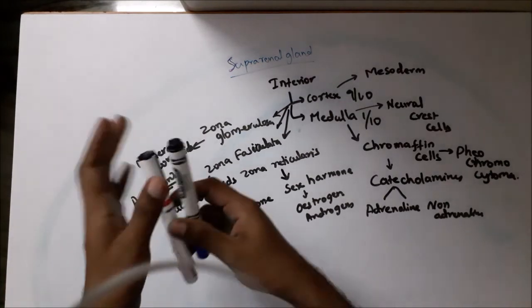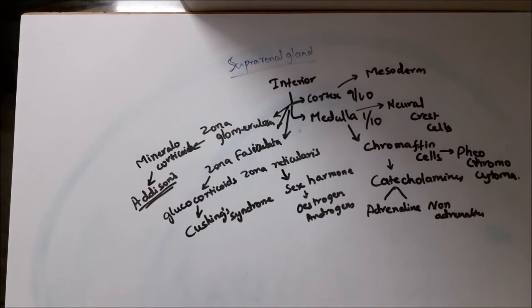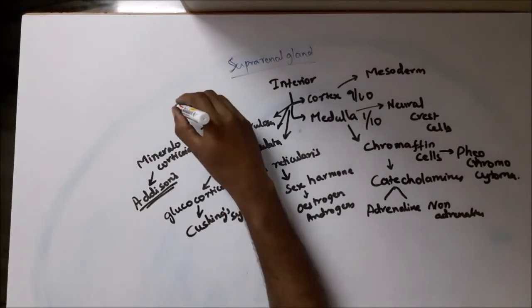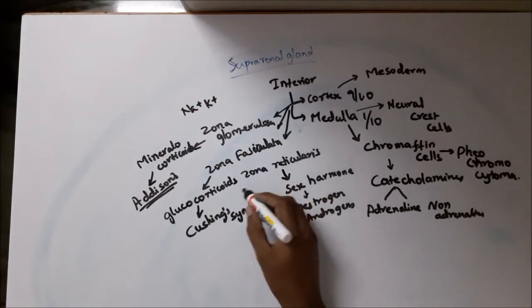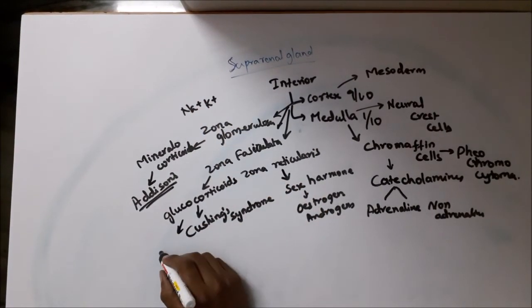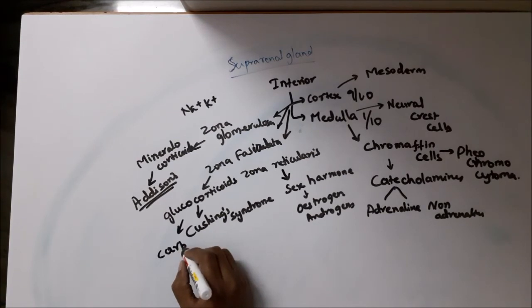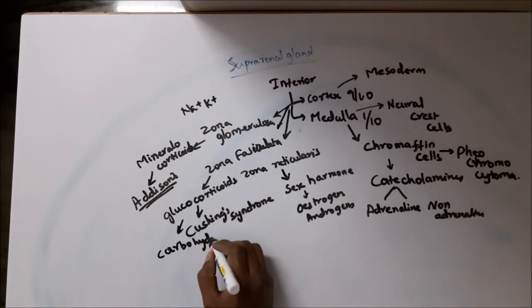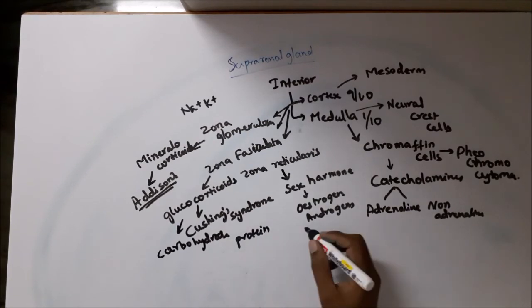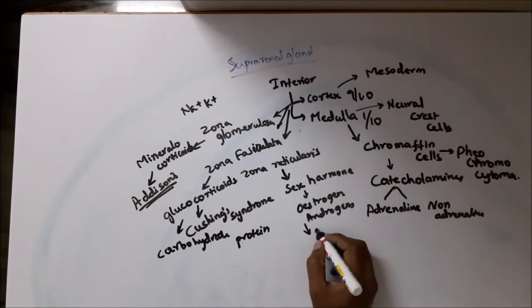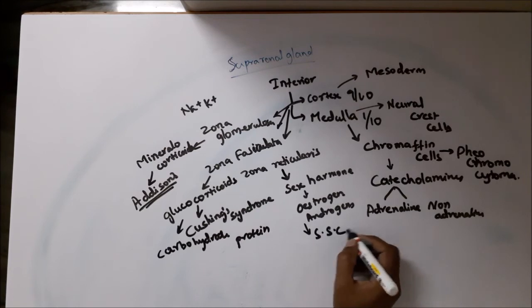Basically, these mineralocorticoids are concerned with the sodium and potassium balance. The glucocorticoids are concerned with carbohydrate and protein metabolism. The sex hormones are concerned with the secondary sexual characters.